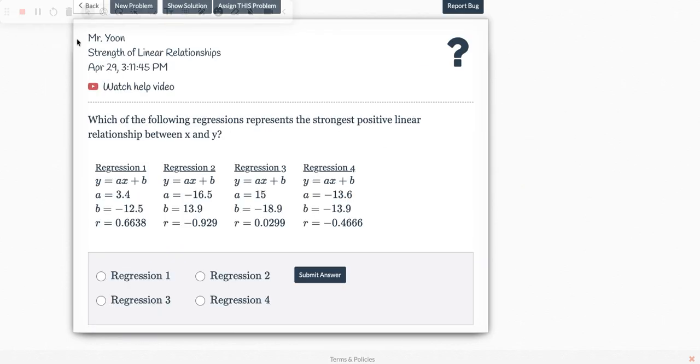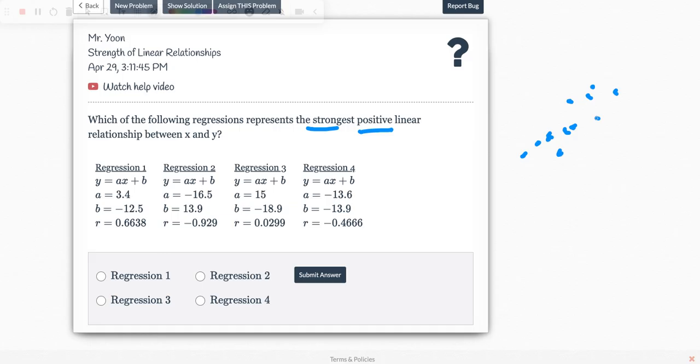So when you get to the next question, you're going to be asked which of these regressions, these lines, represents the strongest positive linear relationship, like a line between x and y, a bunch of points. It's positive. These are the data points.